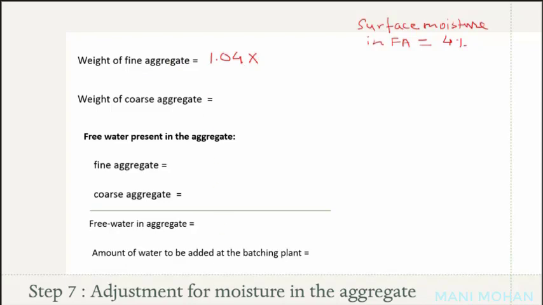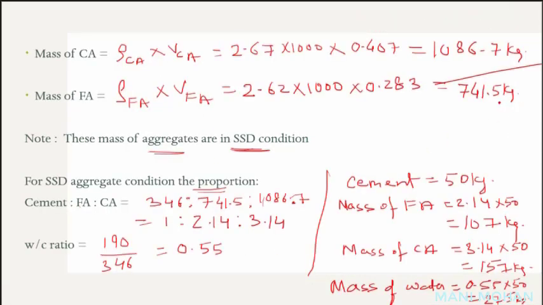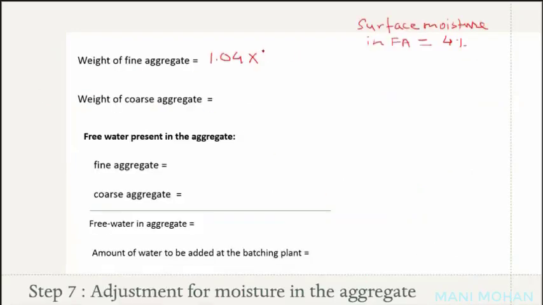The mass of fine aggregate which we have computed for 1 meter cube of concrete is 741.5 kg. So I have to multiply this, because there is 4% moisture in the fine aggregate. I have to multiply 741.5 with 1.04 in order to ascertain that there is 741.5 kg of fine aggregate. So the weight of fine aggregate will be 771.2 kg.